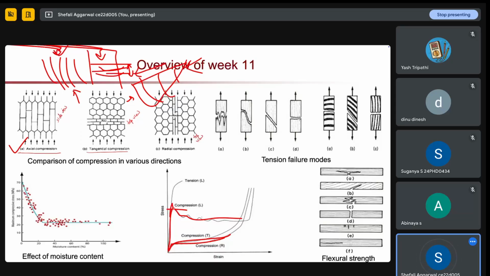Okay. Next is the case of tension failure modes. We are taking two directions: parallel to the grains and perpendicular to the grains. Which will have more chances of failure?